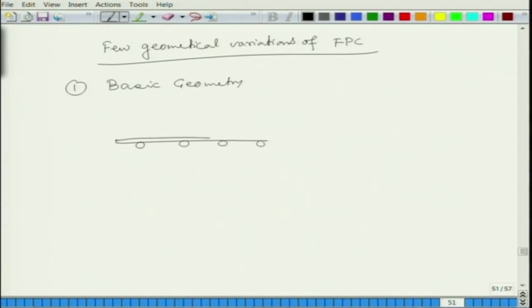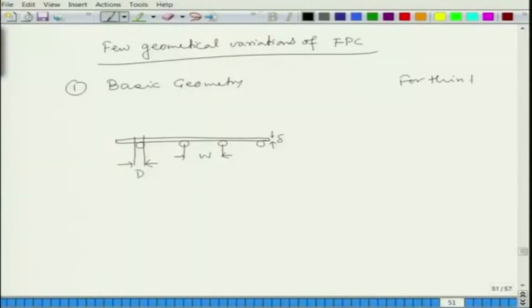Plate has certain thickness, let us say this thickness is delta, and the pitch of the tubes is W, and for each tube we have some D. Earlier we distinguished between the D outer and D inner, but for thin tubes we can use a common D, which is (dI plus D naught) by 2.